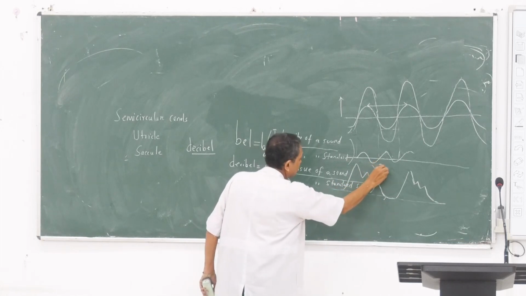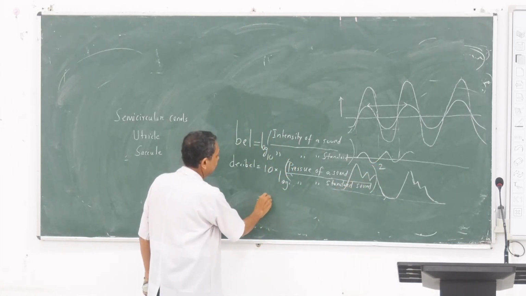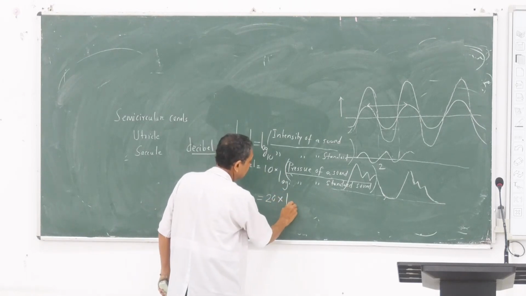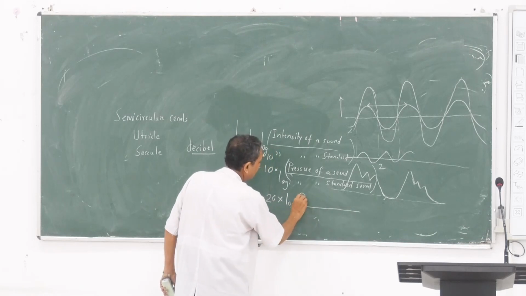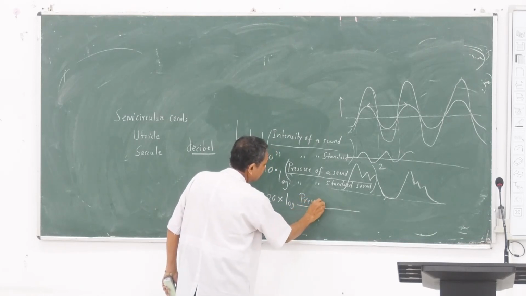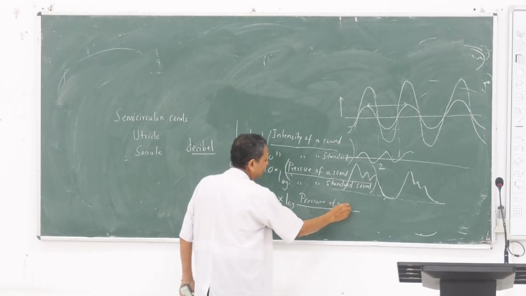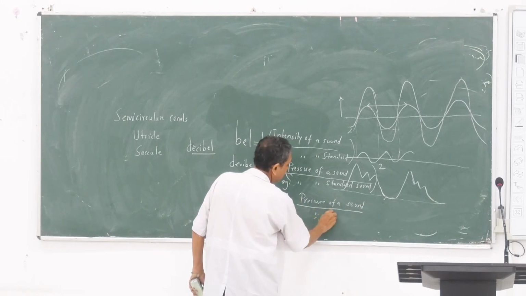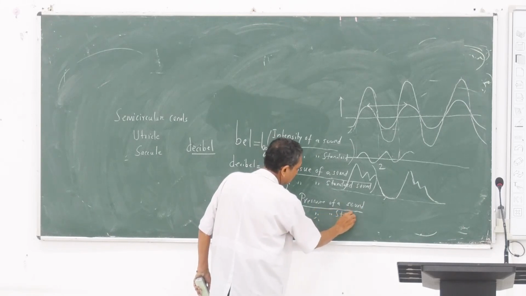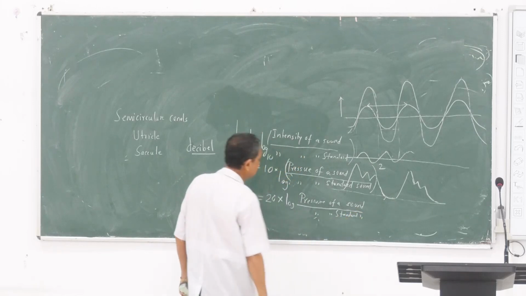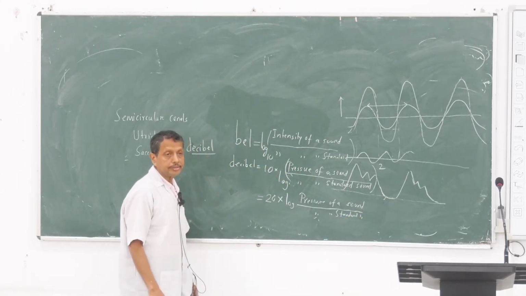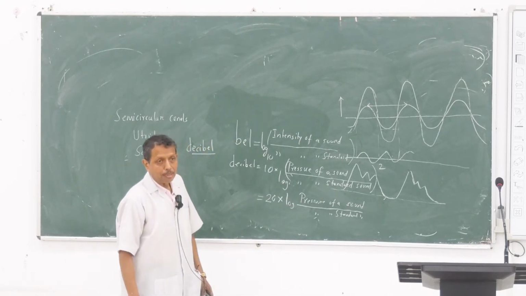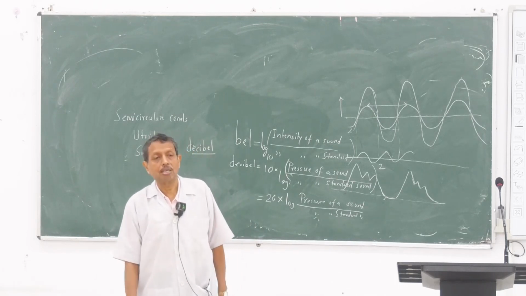And so you will find that it is 20 times log of the pressure of a sound divided by the pressure of the standard sound.